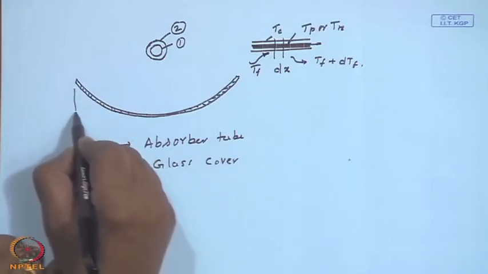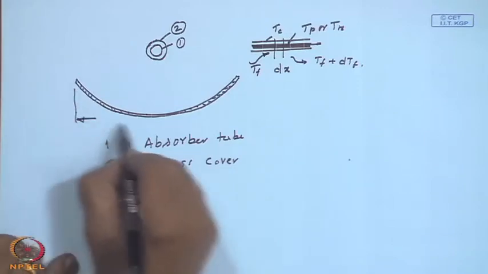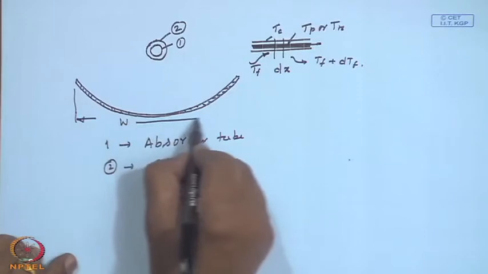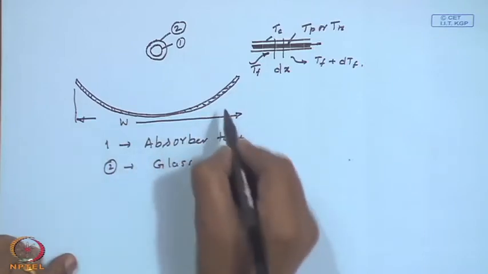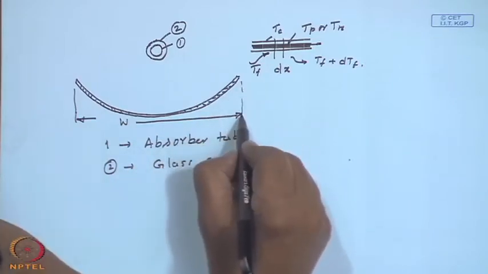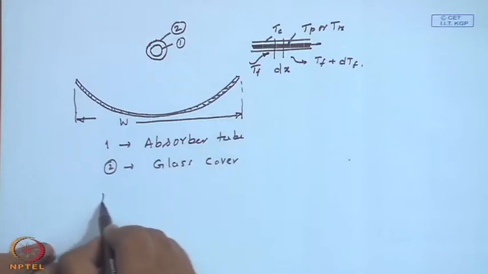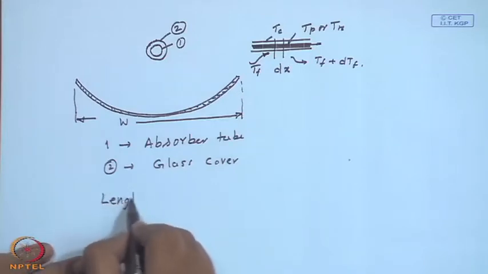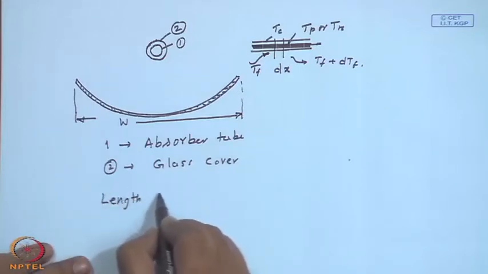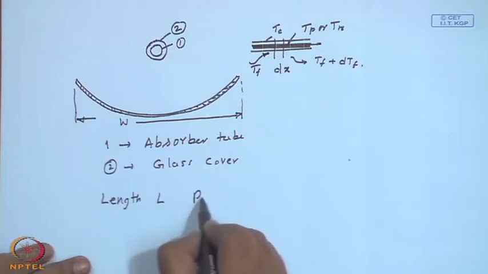Let the width of this be W. We may have a length L perpendicular to the plane of the paper.